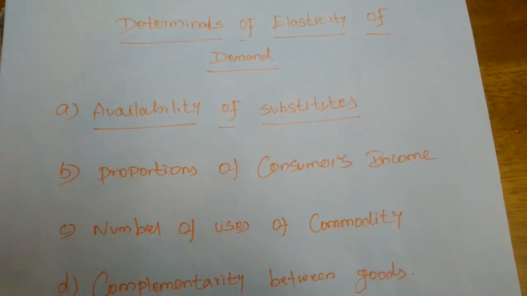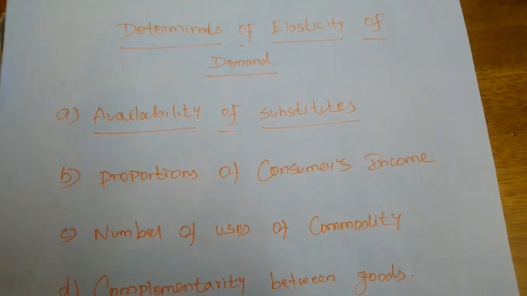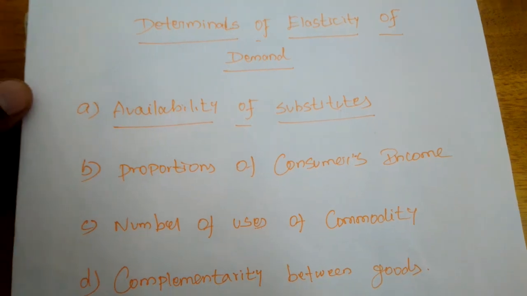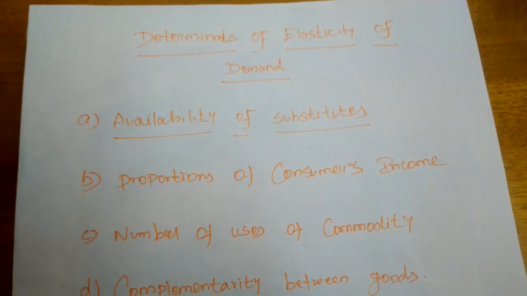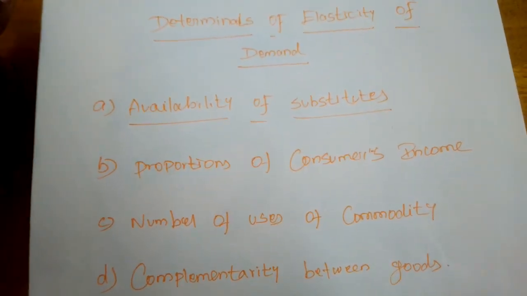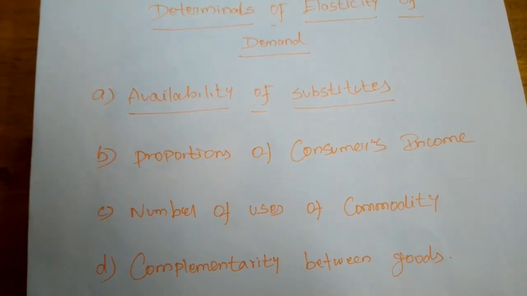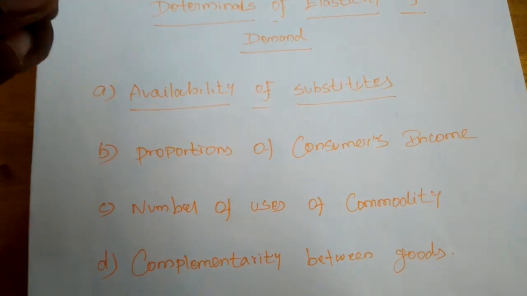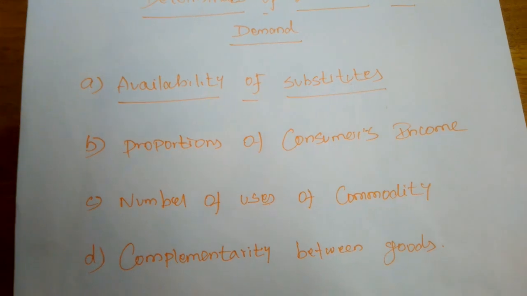Yesterday we studied the determinants of elasticity of demand. What are the determinants for determining the elasticity of demand? The first one is availability of substitutes. If close substitutes are available for a product, then the demand for that product tends to be very elastic.